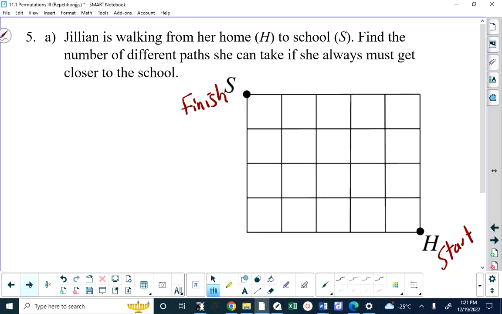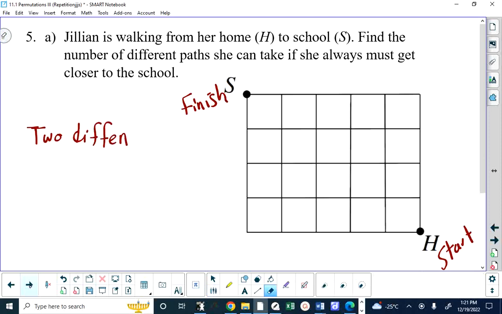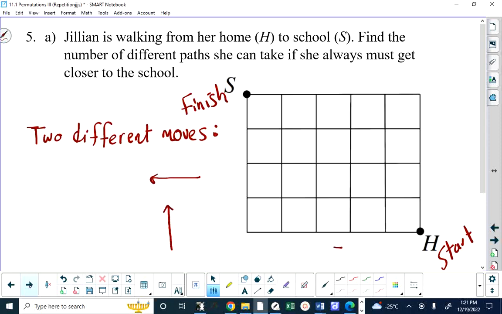And what that means is there are only 2 different moves. What are the moves? There they are.